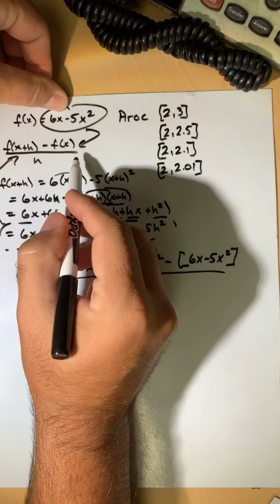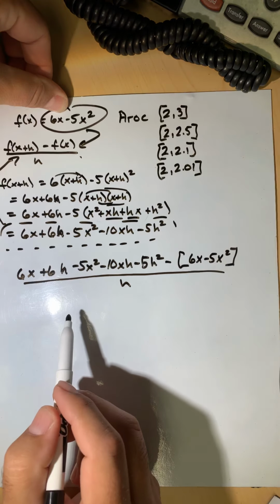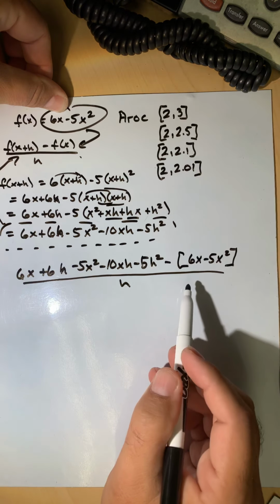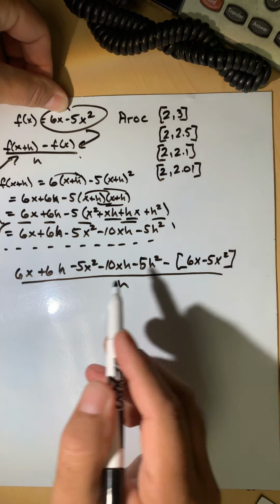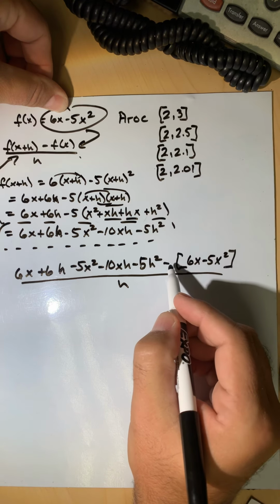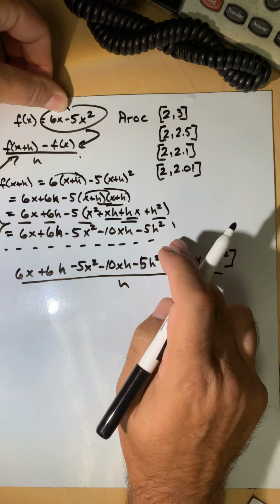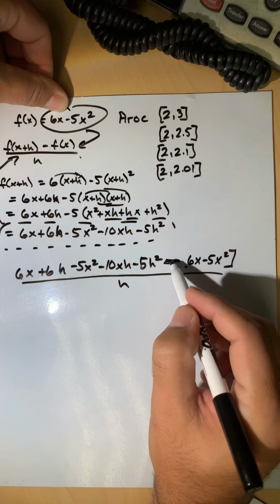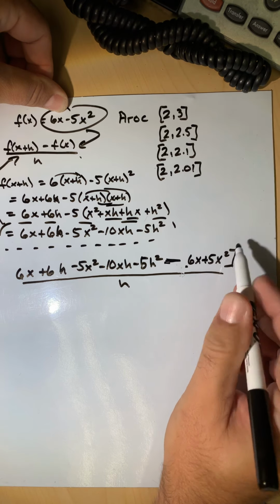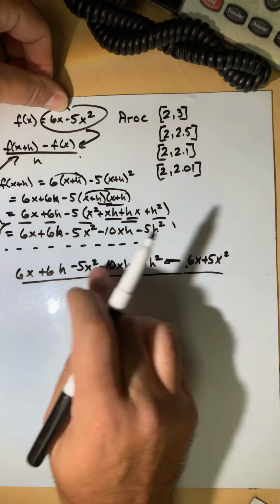So that's now what this is equal to. All right, well, that's ugly, so we're going to have to clean it up a little bit because we can see that's a minus 6x and that's a plus 6x, so those are going to cancel out. So let's just distribute this through, right? This negative makes this negative, negative of a negative, that makes that positive. And so now I've simplified that.